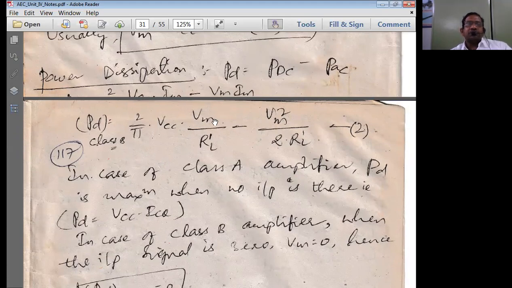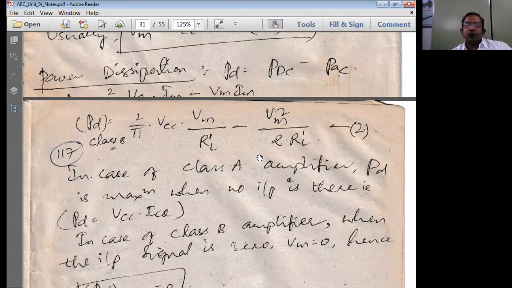Now, when you substitute it for RL dash, we can write 2 by pi VCC Vm by RL dash minus PAC in terms of only Vm. Here, I am writing this equation of power dissipation only in terms of voltage.